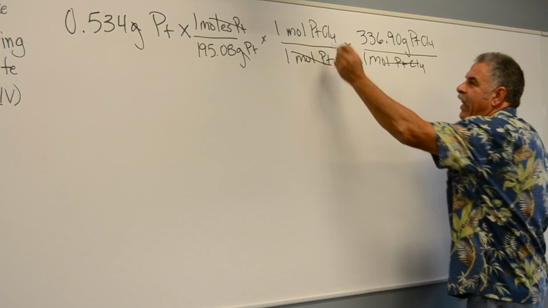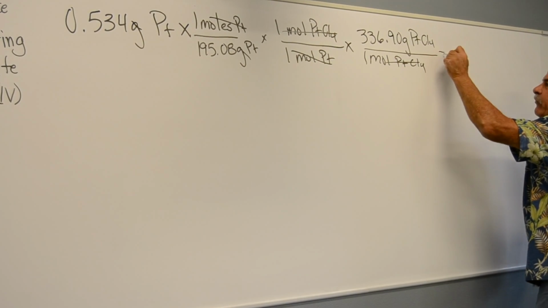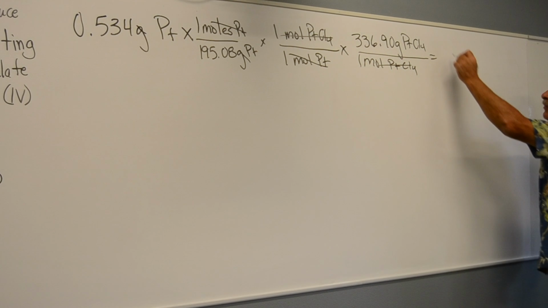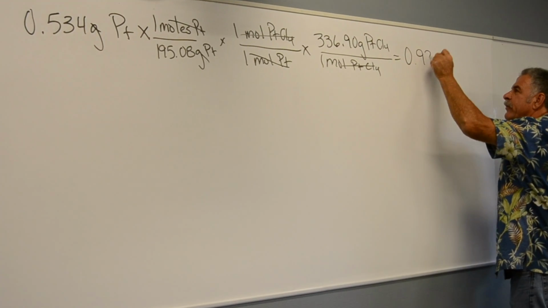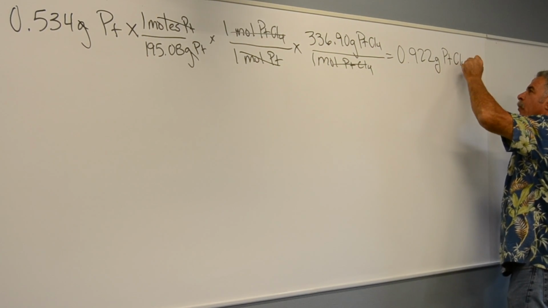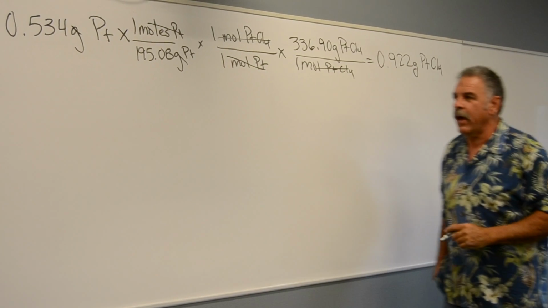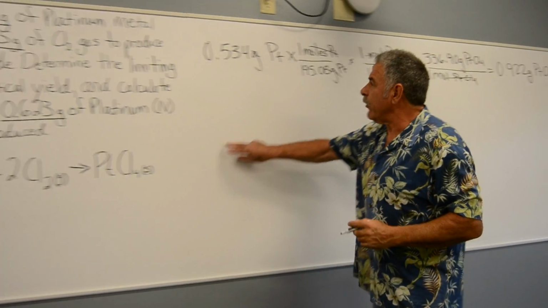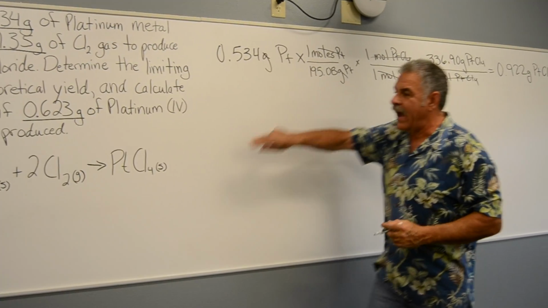And now moles of that cancel, and we're left with grams of platinum 4 chloride. That comes out to be 0.922 grams platinum 4 chloride. All right? So we've determined how much we can make from the first reactant, platinum.